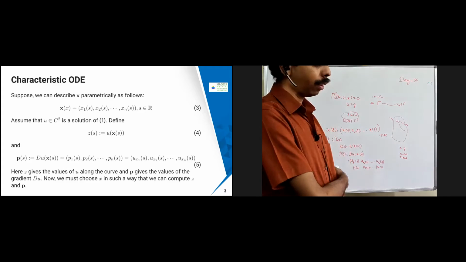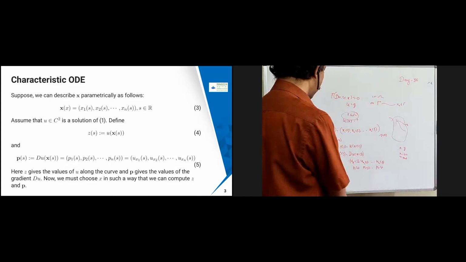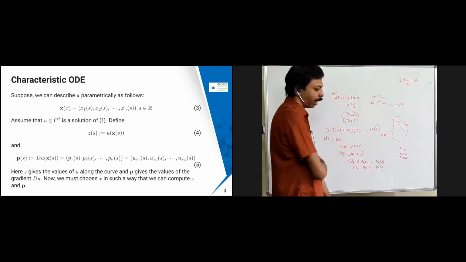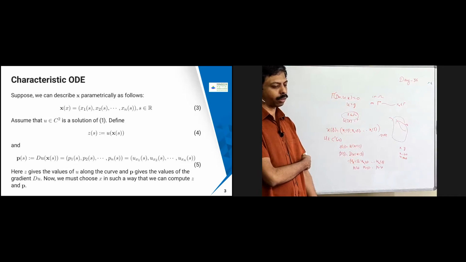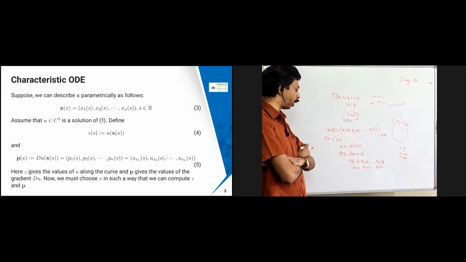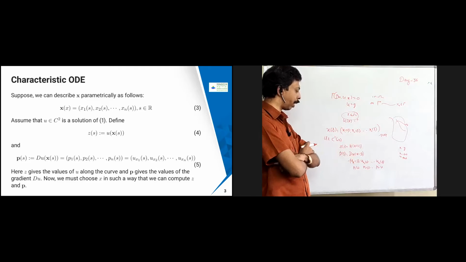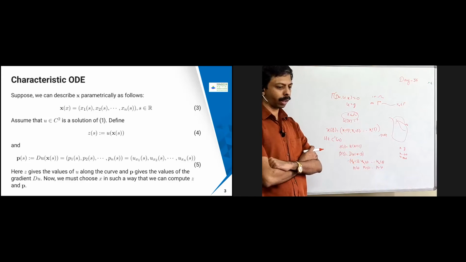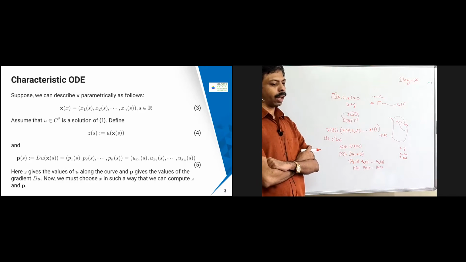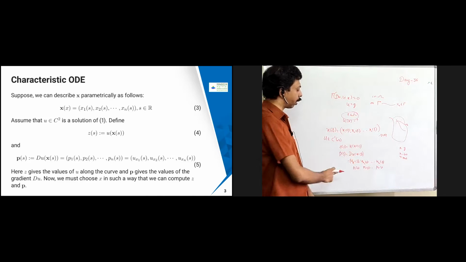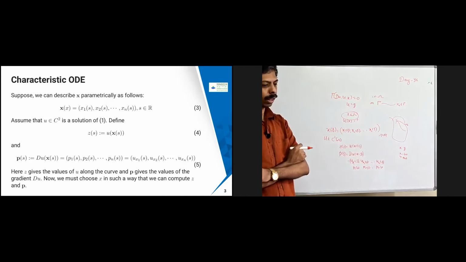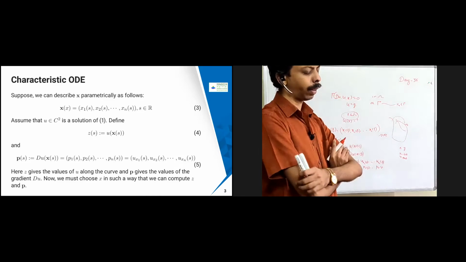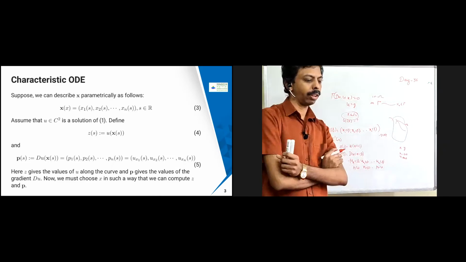The geometrical interpretation of this is that z of s gives the values of u along the curve. The curve is given, and I have already represented the parametric form. So z of s gives the values of u along the curve, and p gives the corresponding values of the gradient.